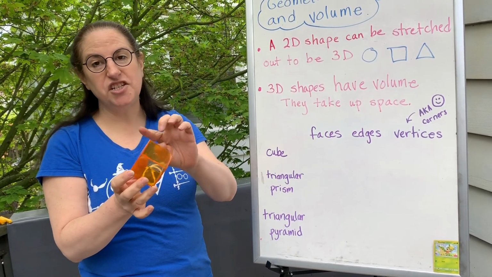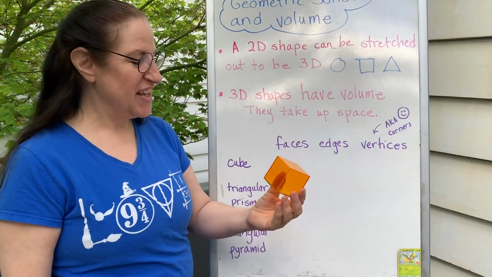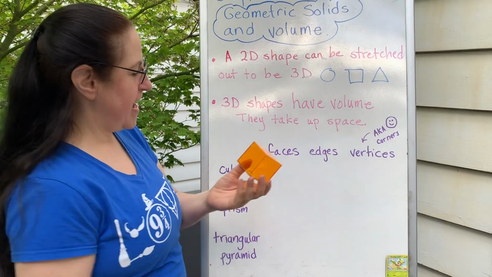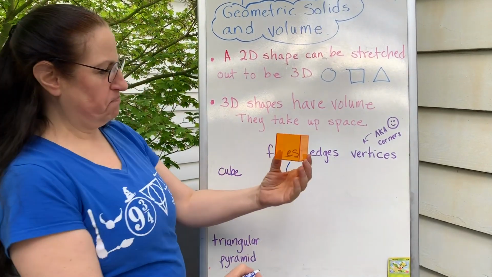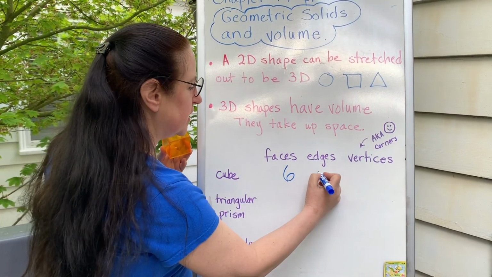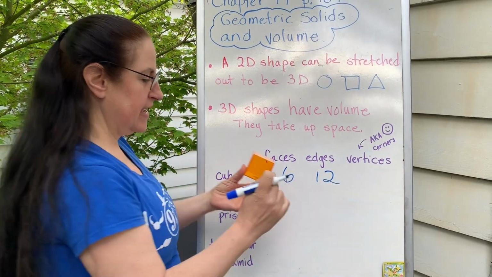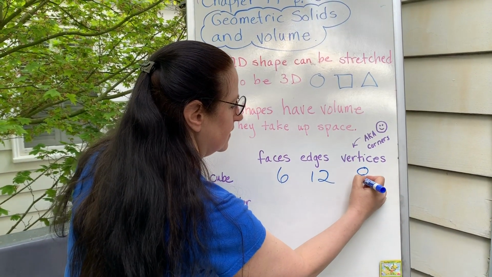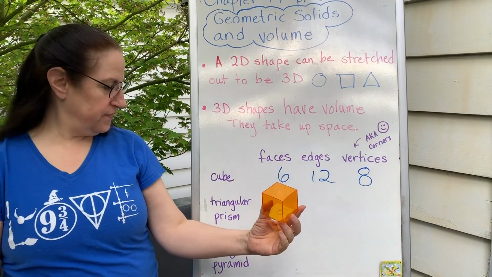Vertices are where edges meet. So a cube has 6 faces and 12 edges and 8 vertices or corners.